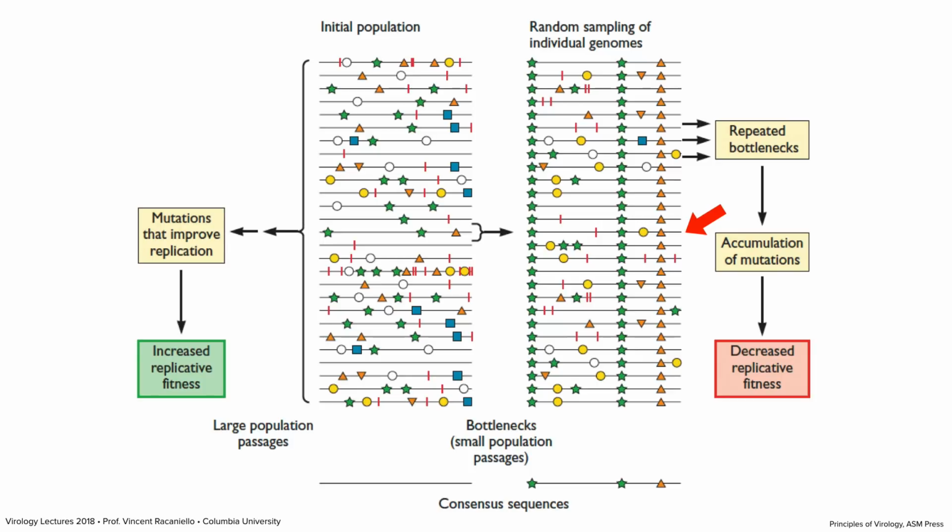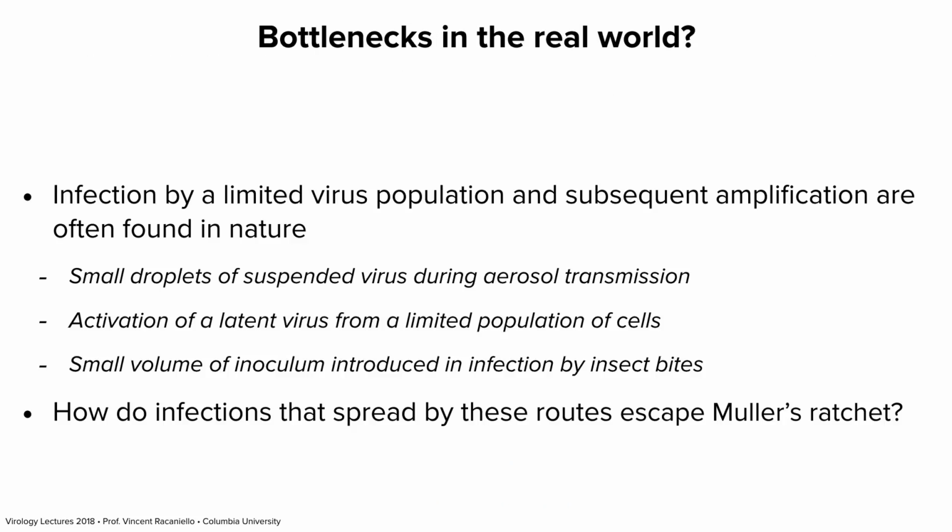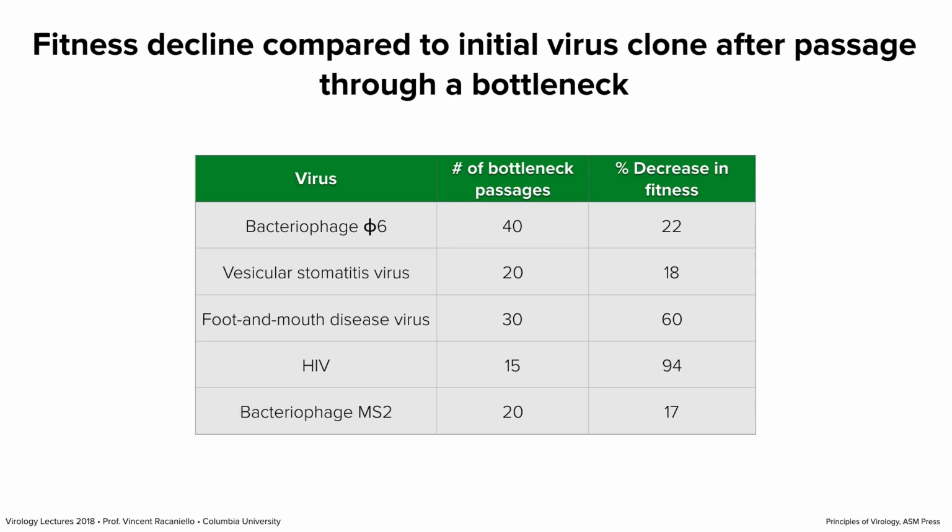Let's say star-star triangle again. And we amplify that. Now you can see the quasispecies is very different, and it's restricted. And because the population is so small, as we go through these plaque-to-plaque passages, we never generate the diversity to rescue the infectivity. And that's why that kind of experiment causes fitness to go down.